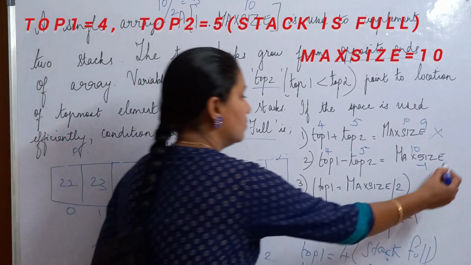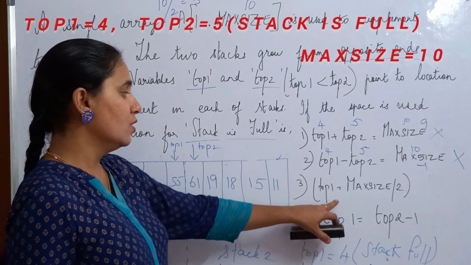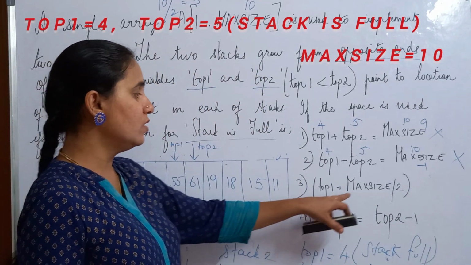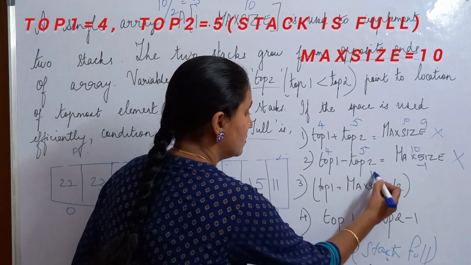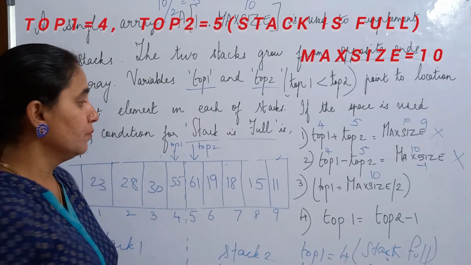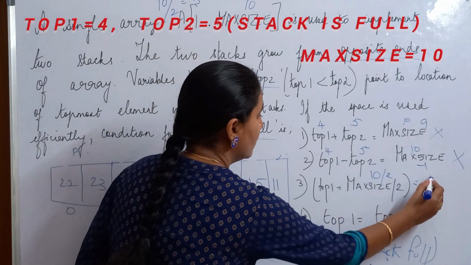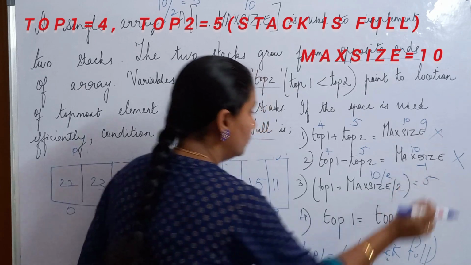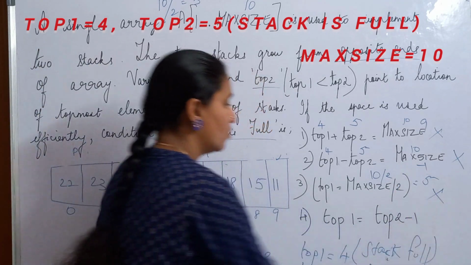So this option is also wrong. Now find the next condition: top 1 is equal to max size by 2. Max size is 10, isn't it? If you divide it by 2, you will get 5. But the top 1 value is 4. So this is also wrong.